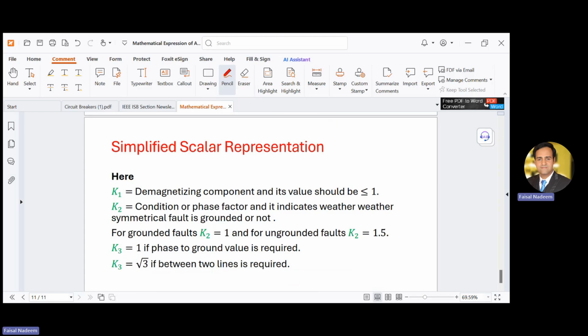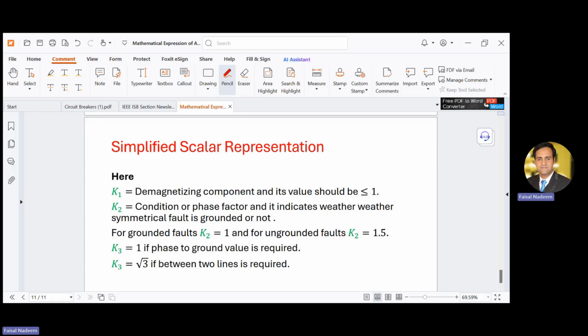If we have a grounded fault, then K2 is equal to 1, and if we have an ungrounded fault, then K2 is equal to 1.5. Similarly, we have another factor, K3, whose value is 1 if the phase to ground value is required, and its value is root 3 if the value between two lines is considered.